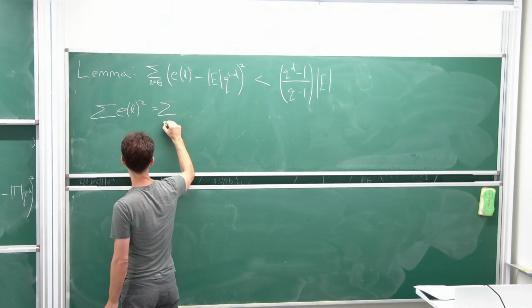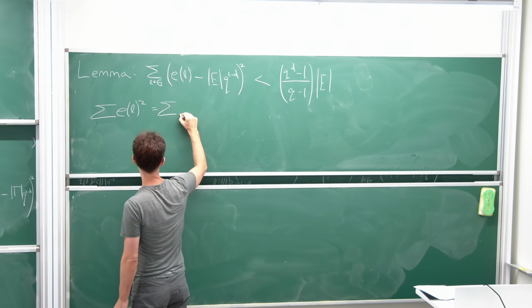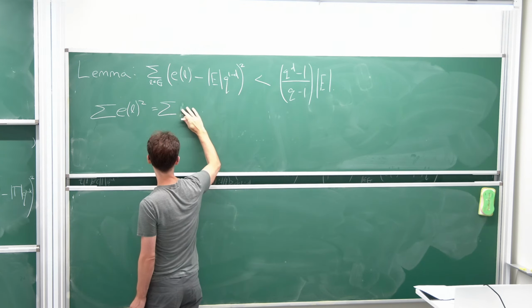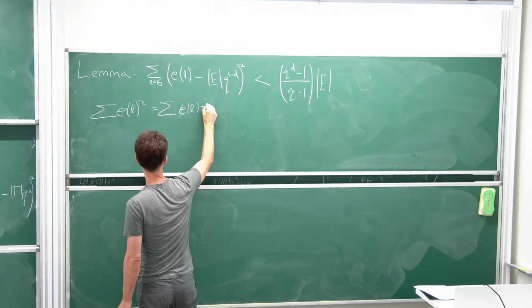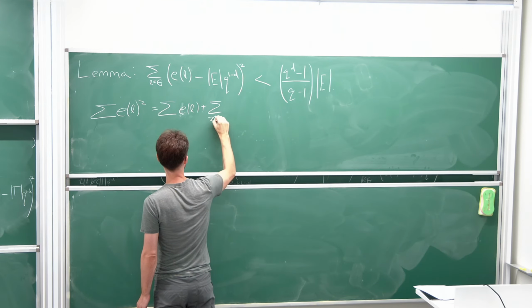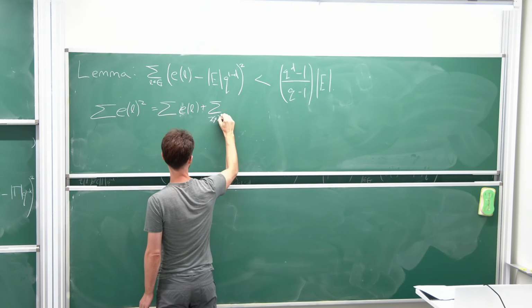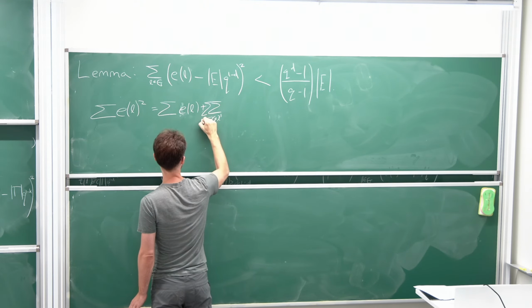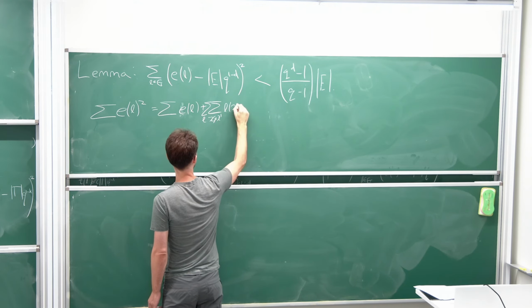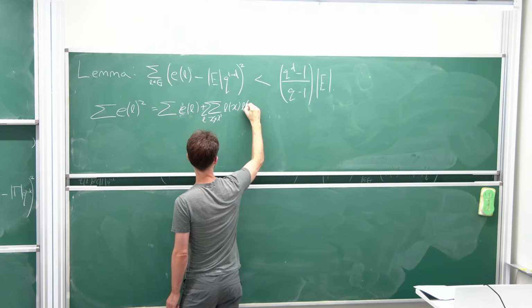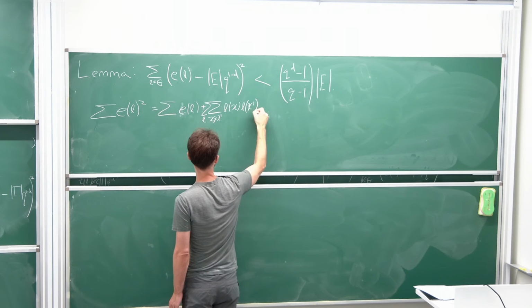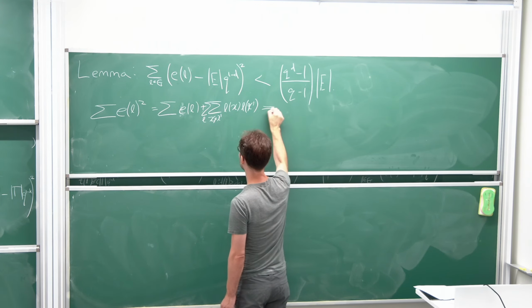This is the sum of E of L plus the sum over x not equal to x prime of the sum of L containing x and x prime.